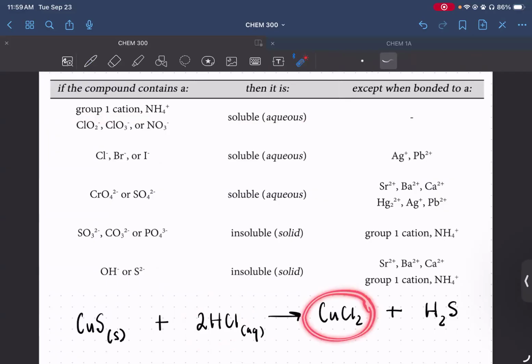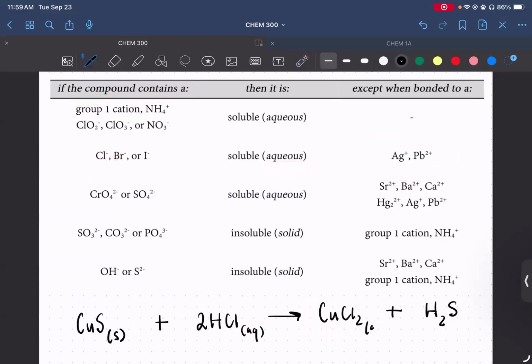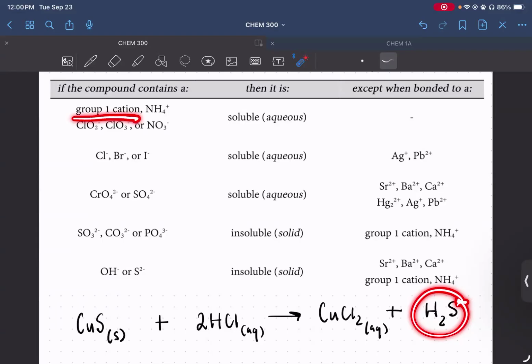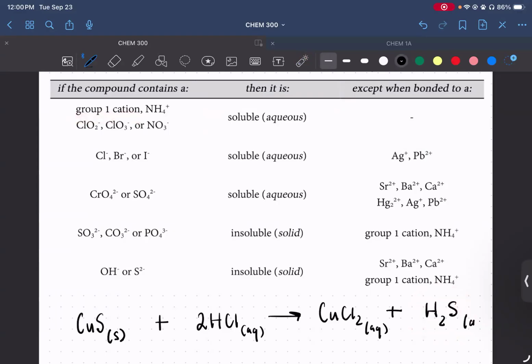Copper chloride, if the compound contains a chlorine, then it is aqueous. Is copper an exception? No. So this one is aqueous. Then we have H2S. The compound contains a group 1 cation. Soluble, no exceptions. Aqueous.